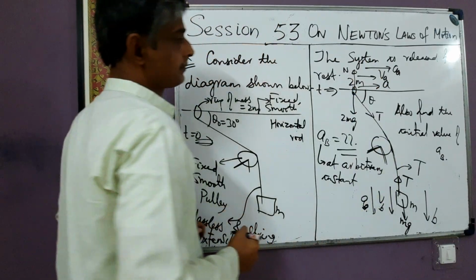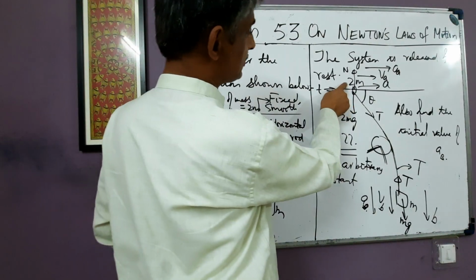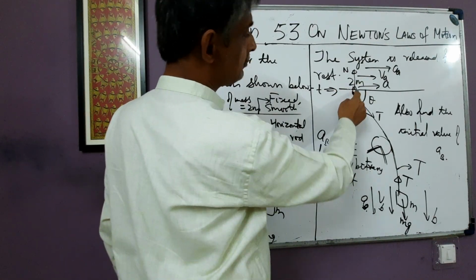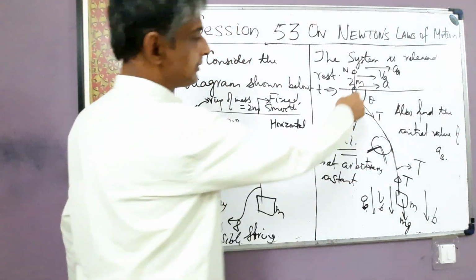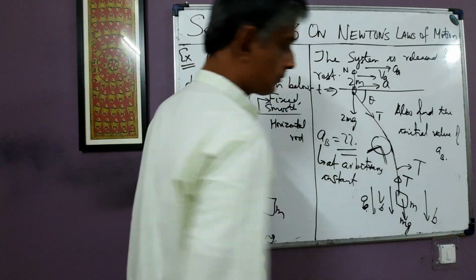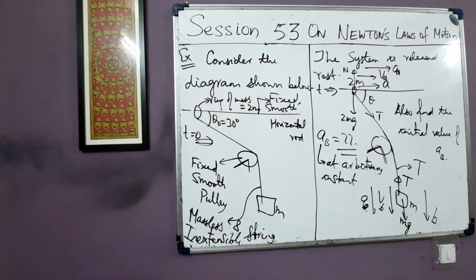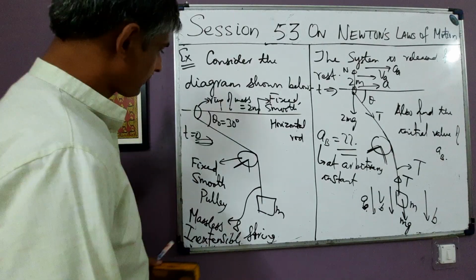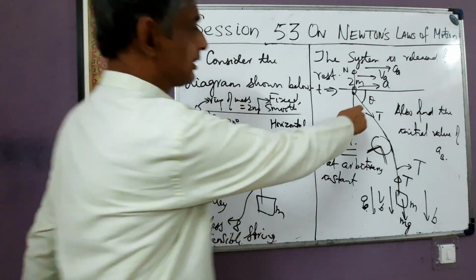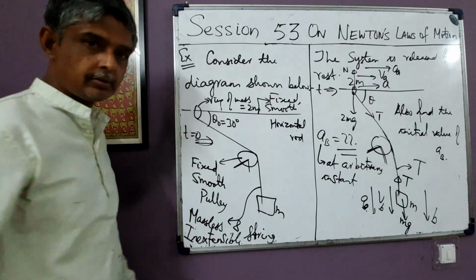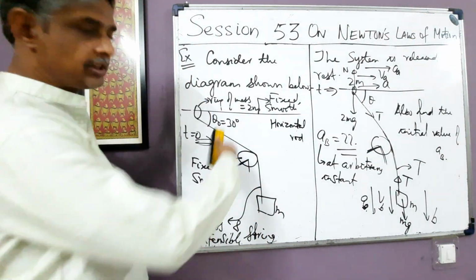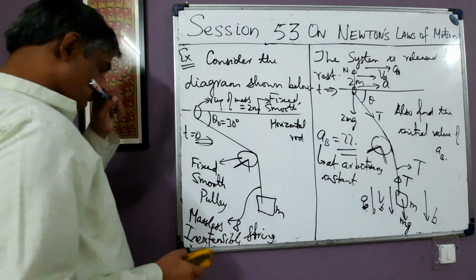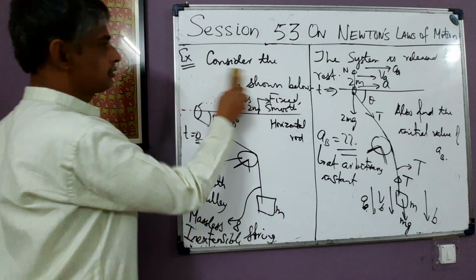These are three forces acting on this ring of mass 2m: the normal force N in the upward direction due to the rod, 2mg in the downward direction, the weight of the ring, and tension T which acts on the ring in this direction. The initial value of theta was given to be 30 degrees. This is m, this is 2m.